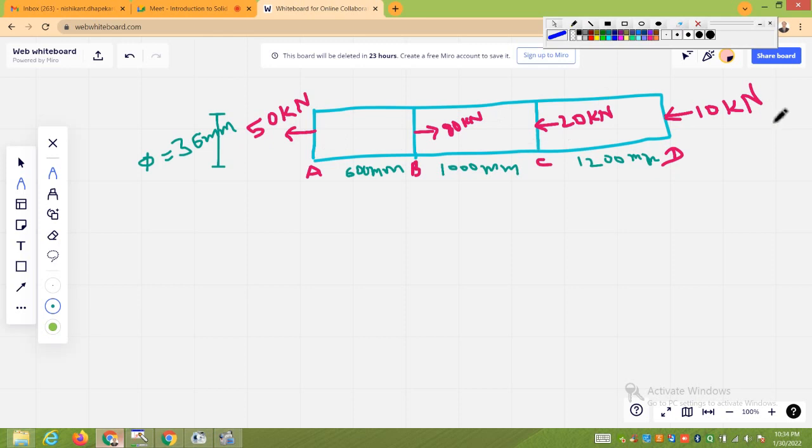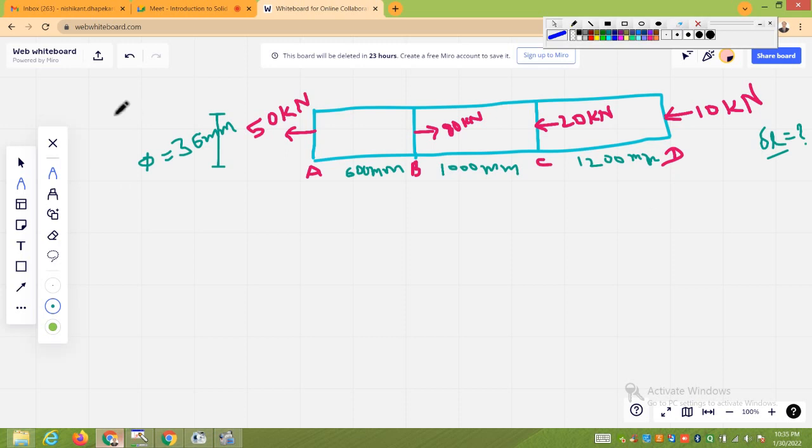Now our aim is to determine the change in length, which is obvious because of these axial forces. Please watch my previous video on compound bars, wherein I have explained in detail how to determine the change in length. So our aim is to determine the change in length in such bars subjected to axial pull.